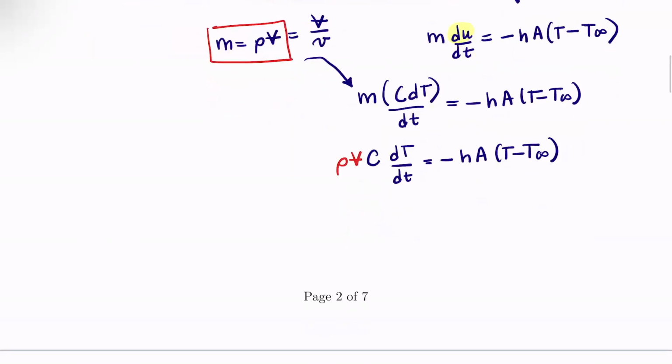So I am going to rearrange this a little bit, and I'm going to move everything over to the left-hand side and write this in a more traditional way of writing an ODE. So I want to have my dT/dt term all by itself, and then I want to have a 0 on the right-hand side. So I'm going to divide through by rho VC.